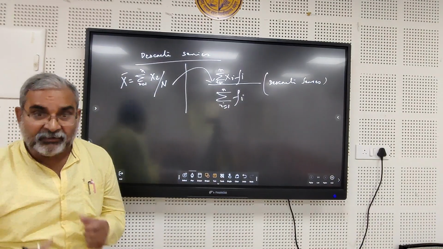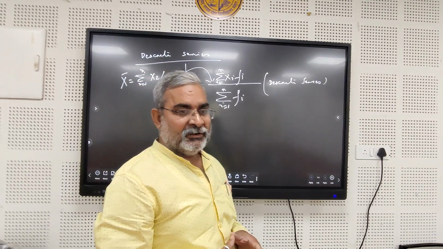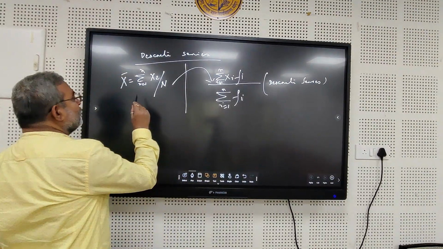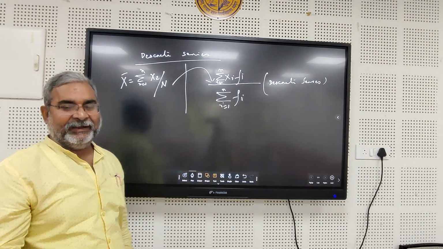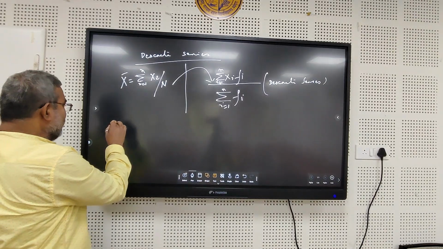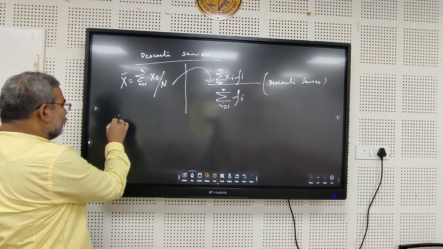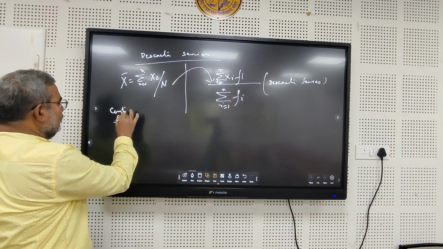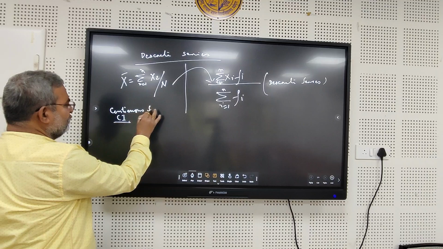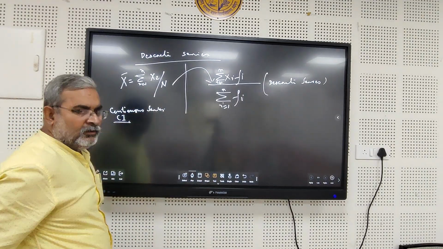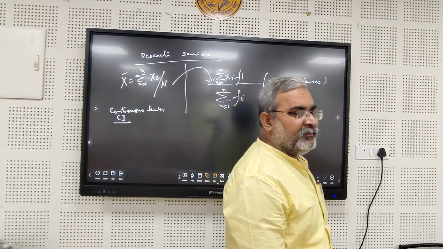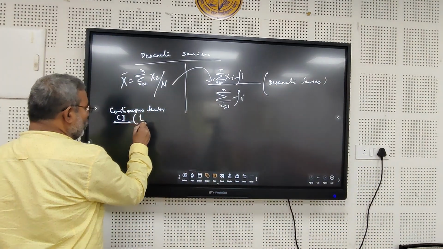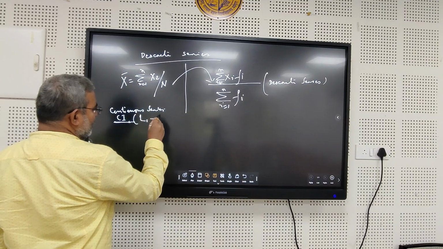Clear? Third one is continuous series. In the continuous series, the variable is represented in the form of class interval. Class interval means it has a lower limit and an upper limit.